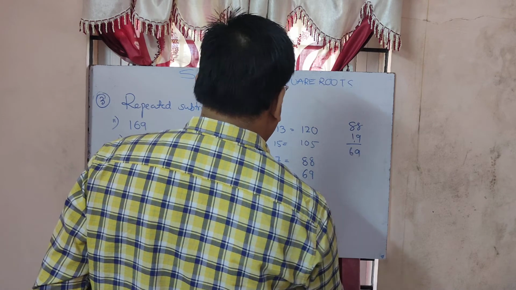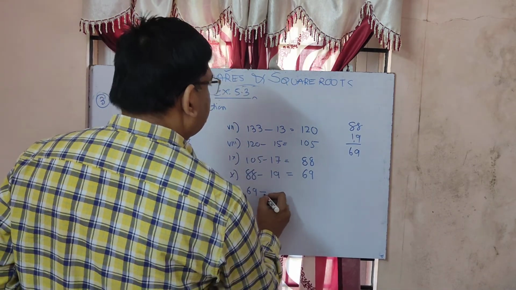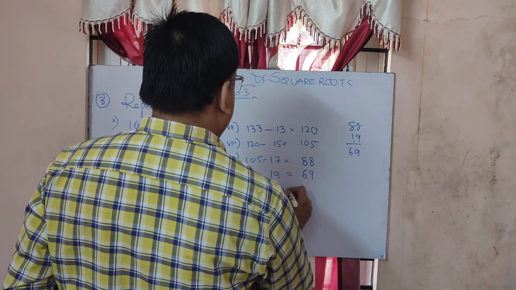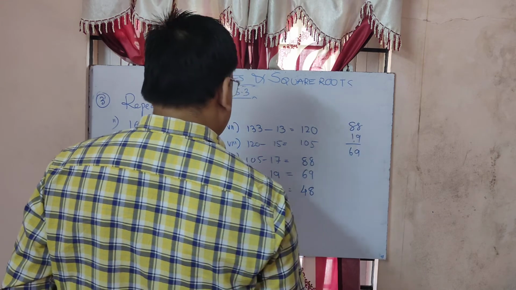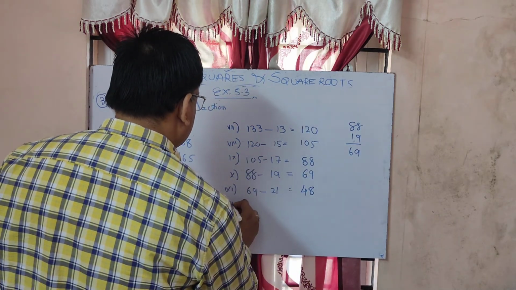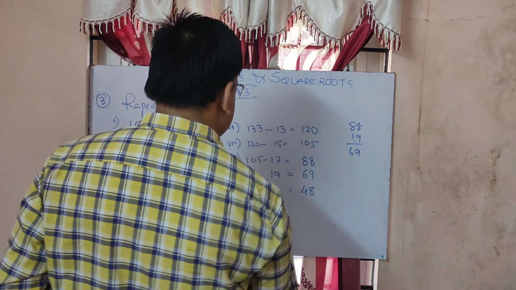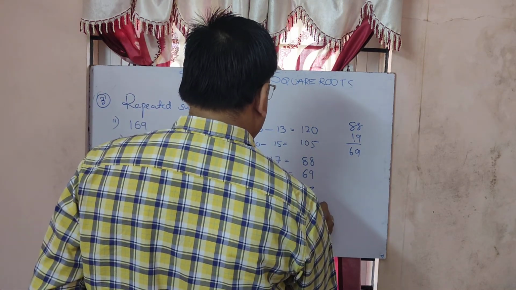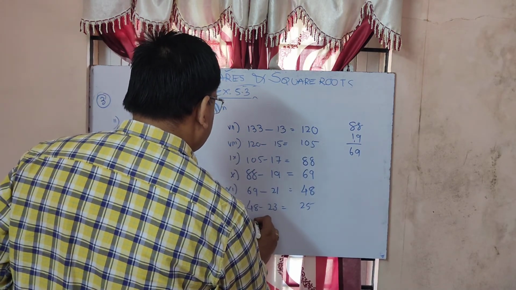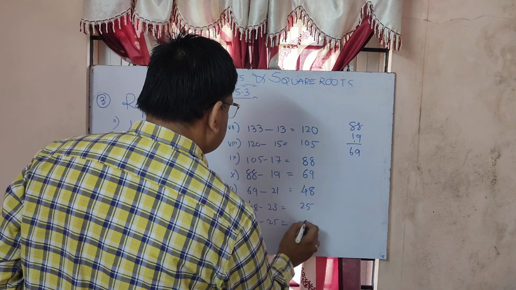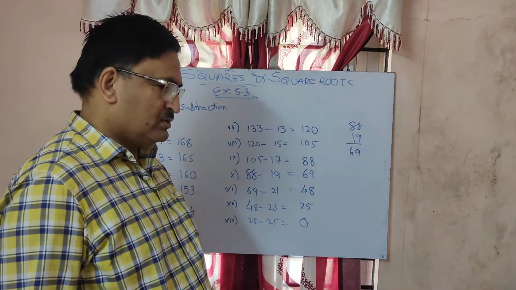It is 69. 11th one: 69 minus 21 is 48. 12th one: 48 minus 23 is 25. The last one is 13th: 25 minus 25 is shunya, that is 0. So you got the answer as 0 in the end.